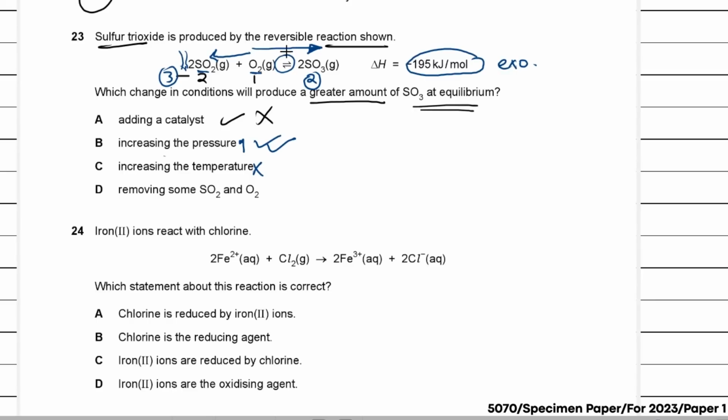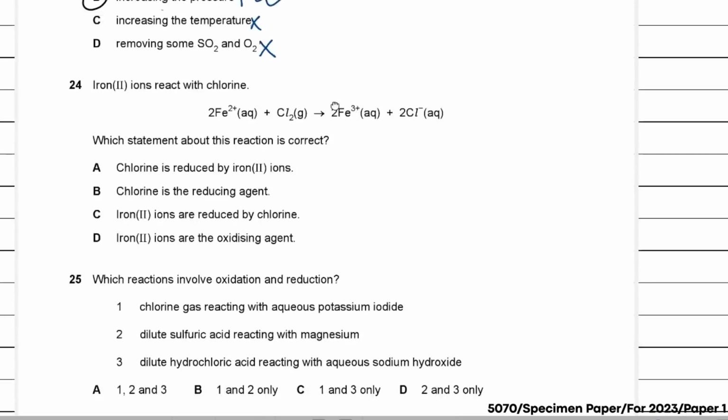So the equilibrium is going to shift to the left-hand side in order to increase the amount of reactants. That means D is also not going to be an answer. So the answer is going to be B, increasing pressure.